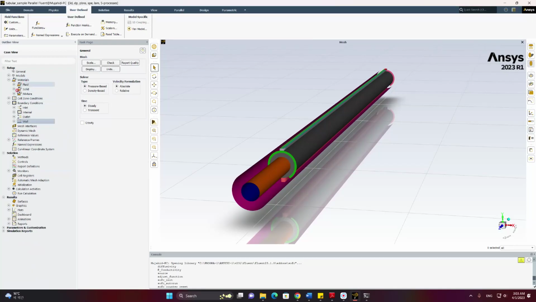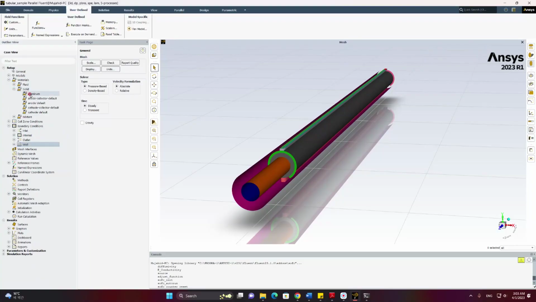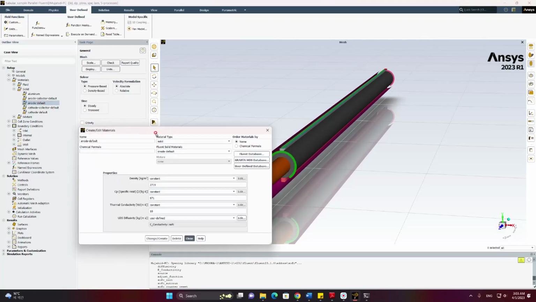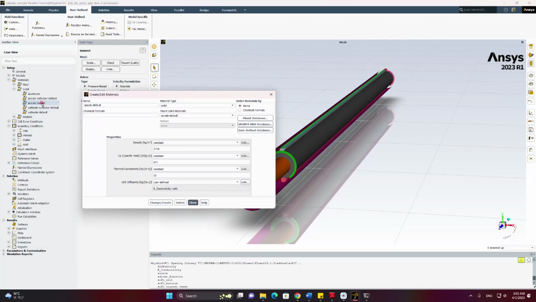The first step is to define the materials. For that we go to the solid material and go to anode default. The anode default material, we are not applying it, we are just adding it into the library. So defining here will not tell if this is the anode. We can give any name over here.